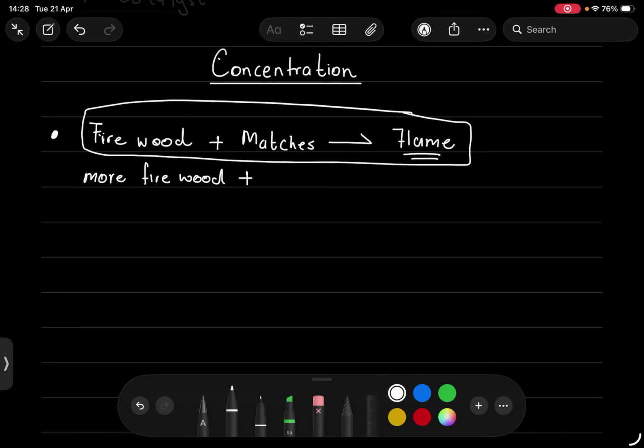Are we together? Yes, sir. So that's how a chemical equilibrium is influenced: whenever you add reactants, the system will use them to produce more product.